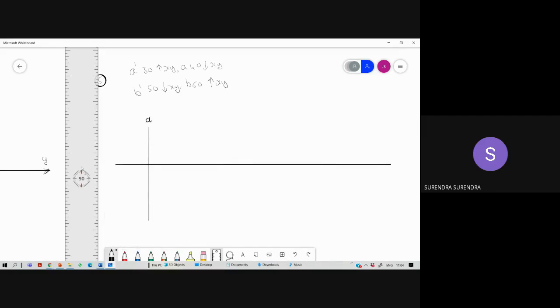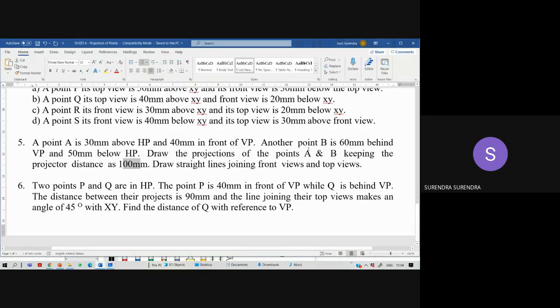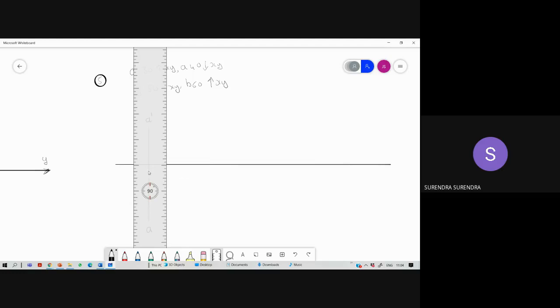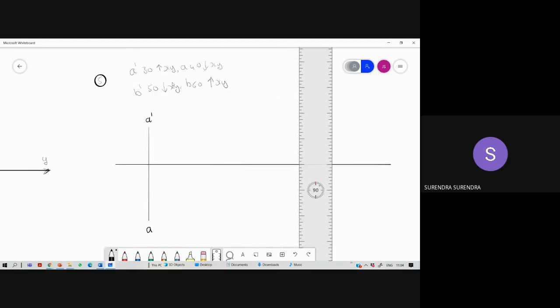Name the points A dash and A. So before drawing B dash and B, it is given to draw the projections of A and B keeping the projector distance as 100 mm. So from A dash, at a distance of 100 mm on the XY line, measure 100 mm and draw the projections for B and B dash. So where is B dash? 50 mm below XY line and B 60 mm above XY line.